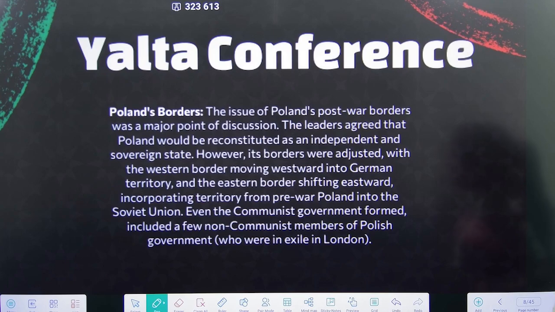So that particular territory, which was a part of the Soviet Union, was going to be again a part of Poland. Okay, even the communist government formed included a few non-communist members of the Polish government.